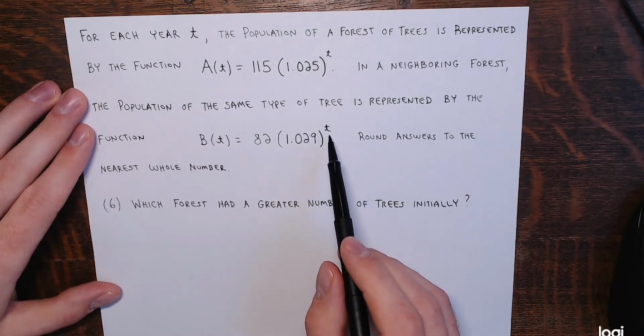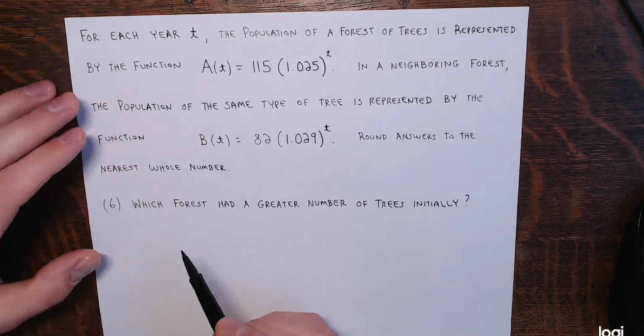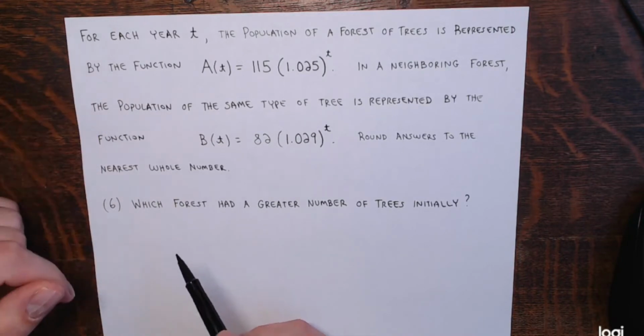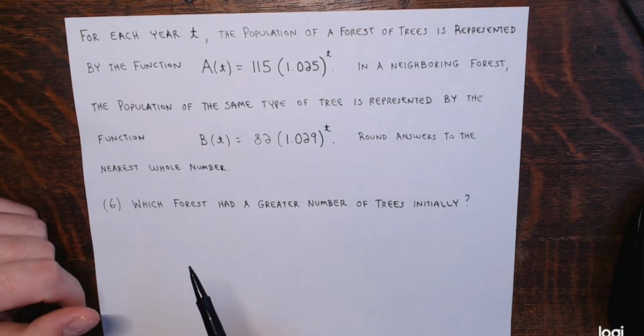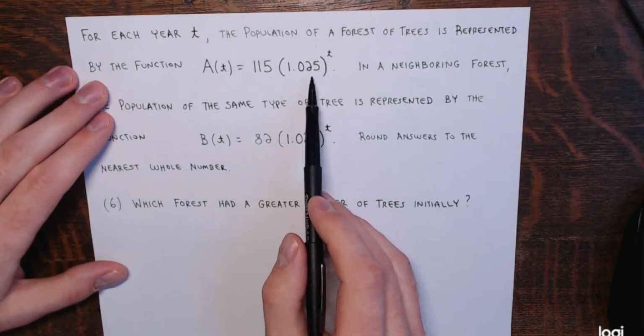And t is time in years again. Round answers to the nearest whole number, right, because we're talking about numbers of trees here, so we don't want to count fractions of trees.